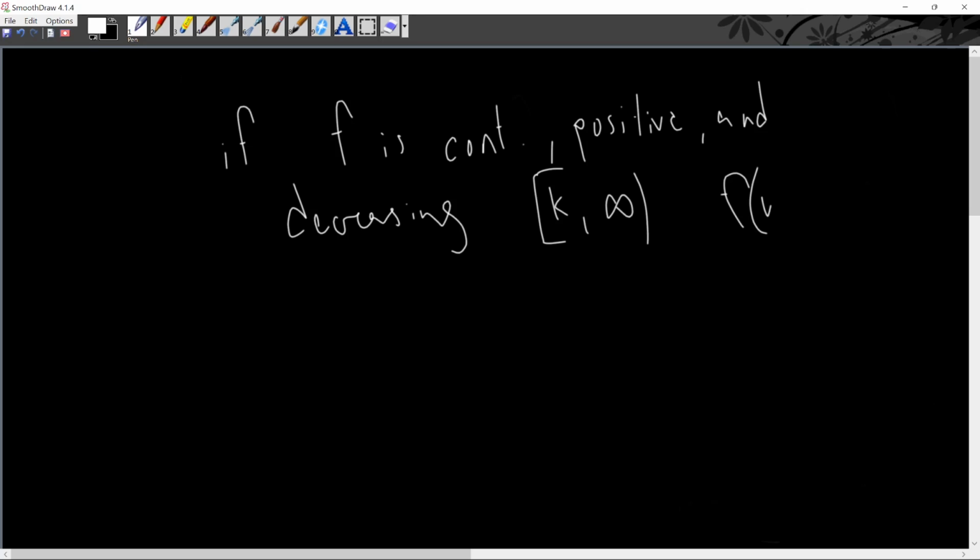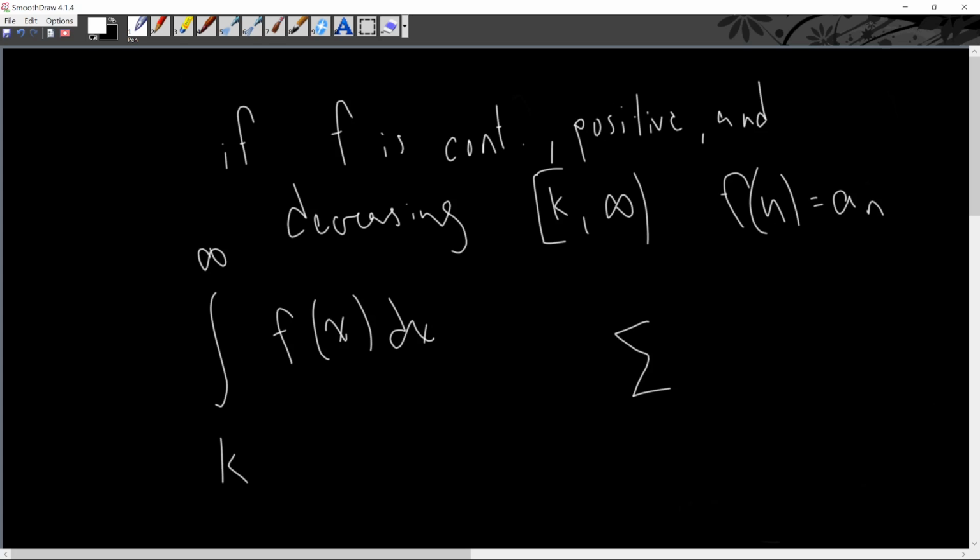And f of n, like a function, is equal to a sub n in terms of the actual values being plugged in, then we say that the integral from k to infinity of f of x dx is going to be compared to the series from n is equal to k to infinity of a sub n. Now, if this is divergent, then this is divergent.